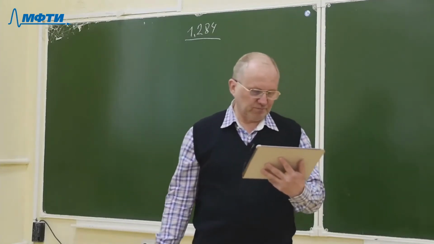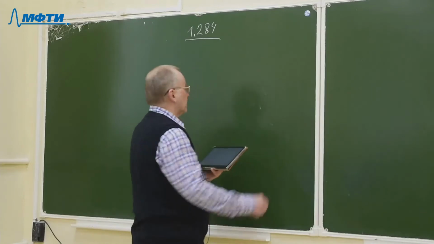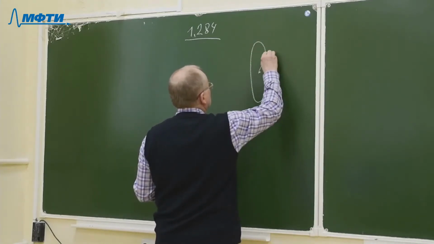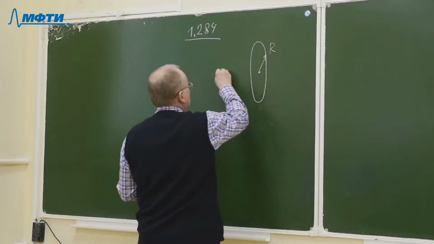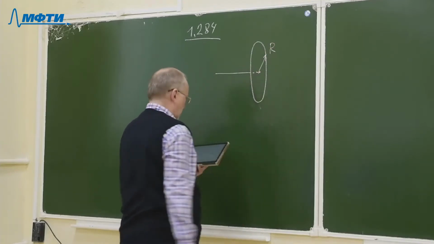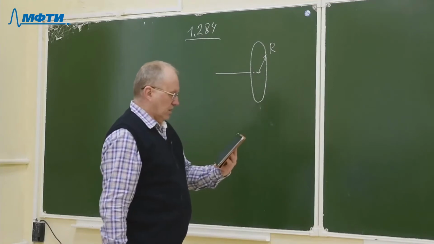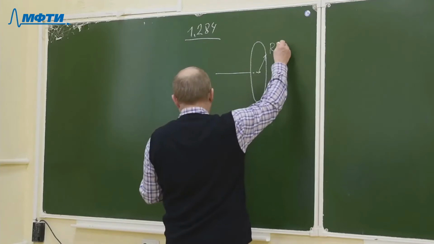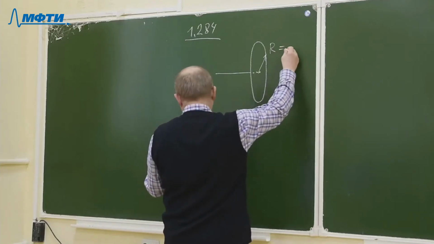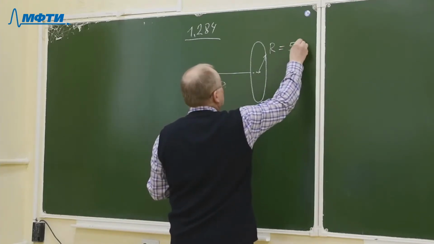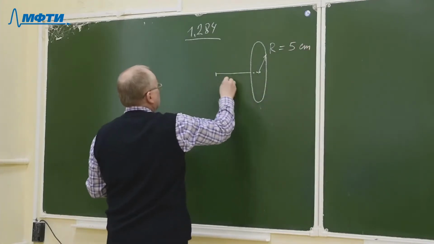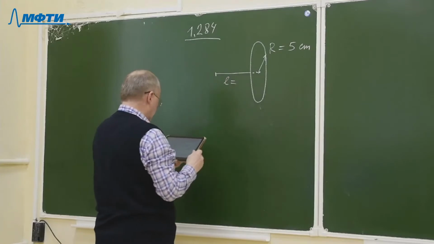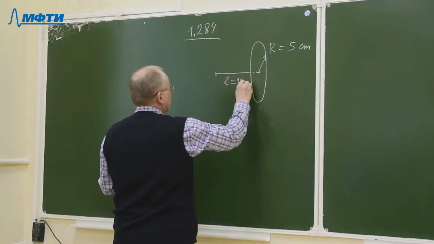A gyroscope, a uniform disk of radius r, at the end of a rod of length L. So r is given as 5 centimeters, and the length of this rod is given in the problem as 10 centimeters.